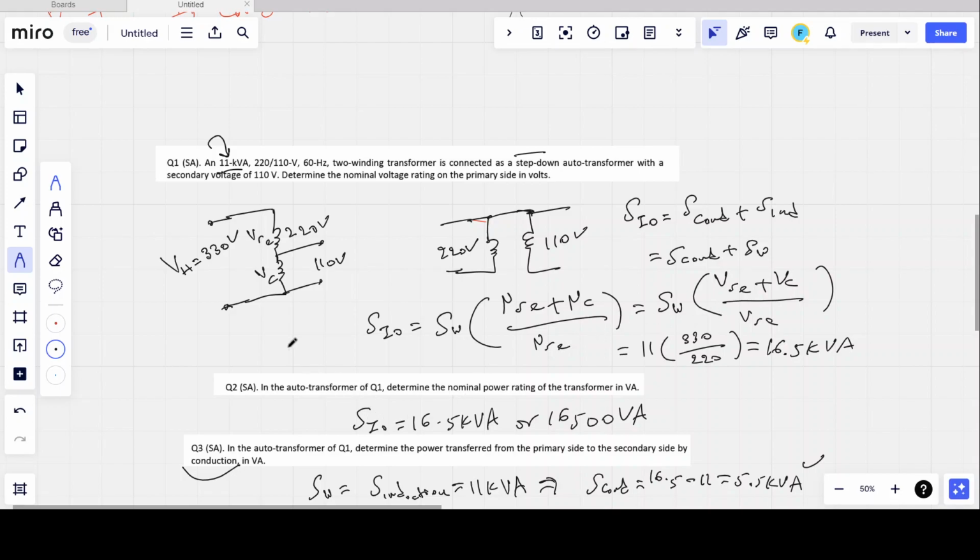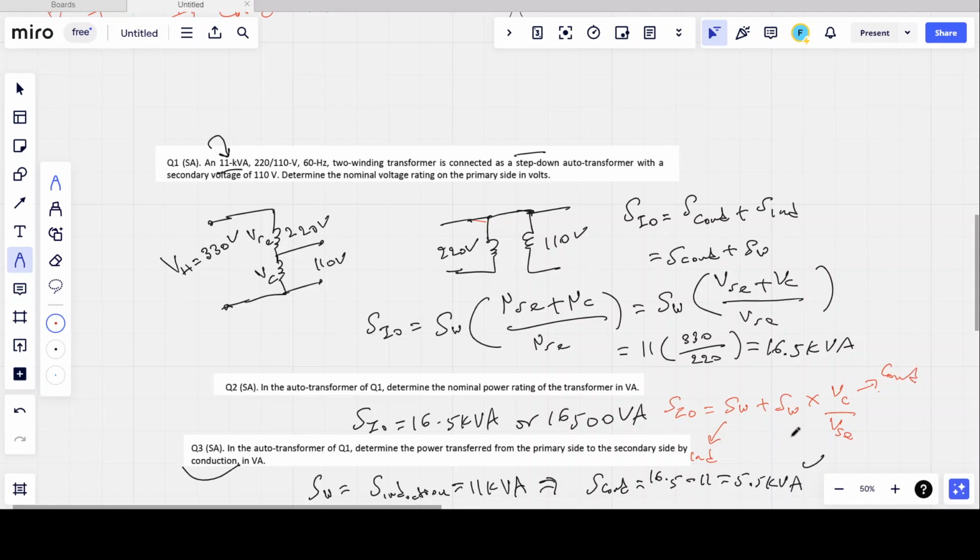Or from this equation that we know here, SW times VSE over VSE plus VC over VSE, if I split this up, I get that S input output is equal to SW plus SW times VC over VSE. This first power is the one that is transferred by induction, and this second one is the one transferred by conduction.